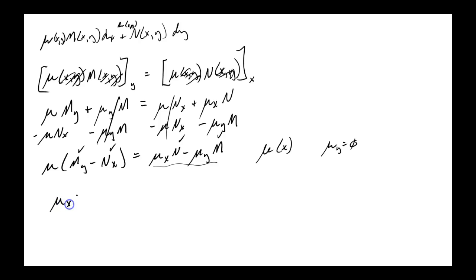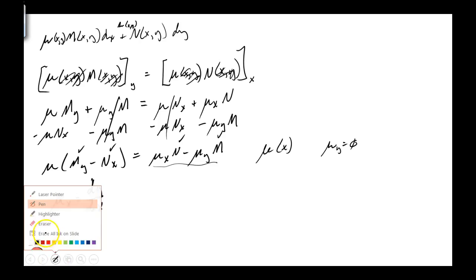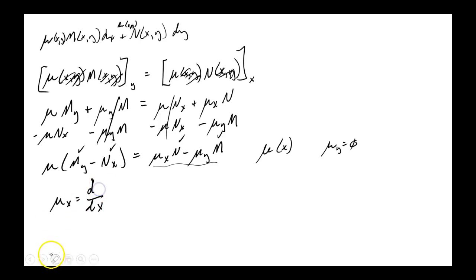So if that's the case, then we have this situation. Mu sub x, which is d mu dx. Now we're using the wrong notation. I said mu and wrote a y, and I almost wrote a partial when I meant to write an exact derivative.